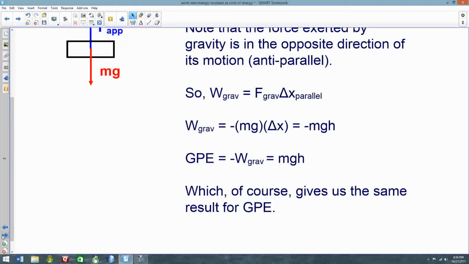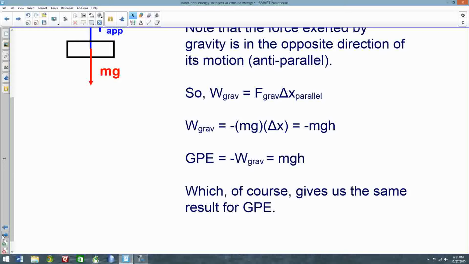So let's go through this again just to make sure. If we look at the work done by the gravitational force, that's going to be mg in the negative j hat direction, dotted with the displacement, which is in the y j hat direction. If we take negative j hat and dot it with j hat, we get negative 1.